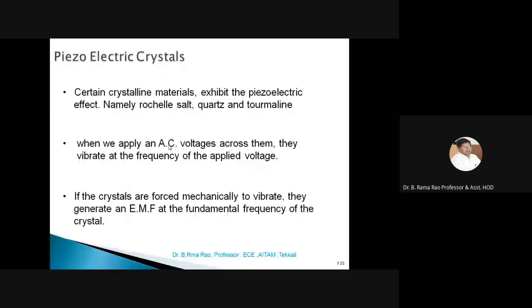The frequency of the EMF is the fundamental frequency of the crystal, which is equal to the applied voltage frequency. Then we increase it by connecting various other elements.